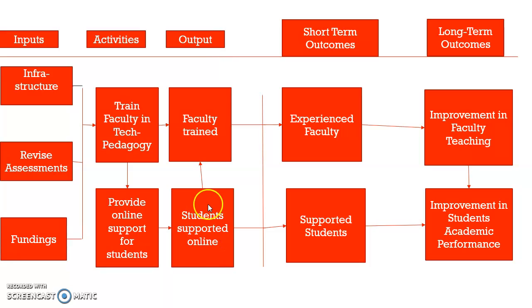Okay, so together with the training of faculty and the greater support for students in the online environment, we are looking at a mandatory online prep course during orientation for the students, to make them more aware and knowledgeable about using the learning management system, the platform, and the online services.